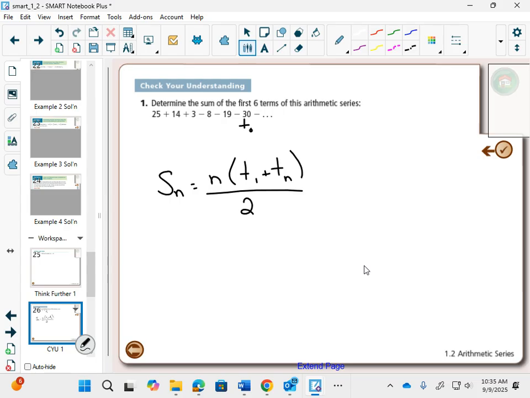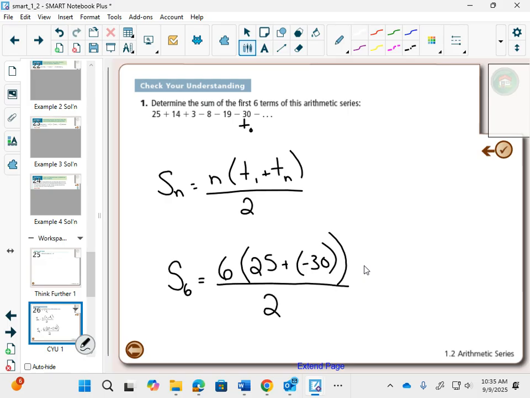So now, if I want to find the sum of the first 6 terms, then my n is going to be 6. And I replace all the n's in the equation with 6. So the n, this will get replaced with 6. Term 1, well, that's 25, plus term 6, that's negative 30, all divided by 2.